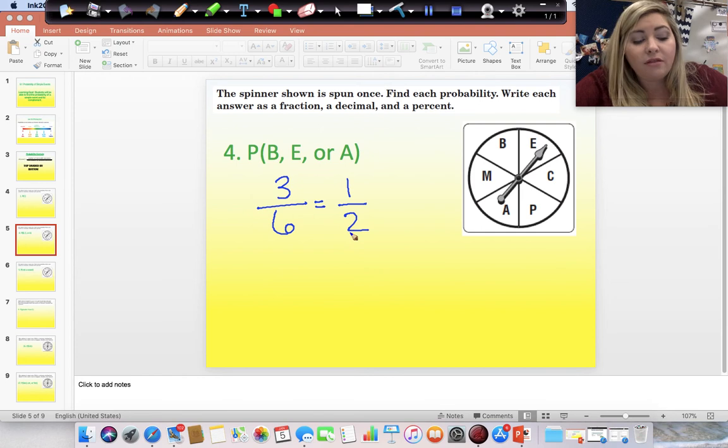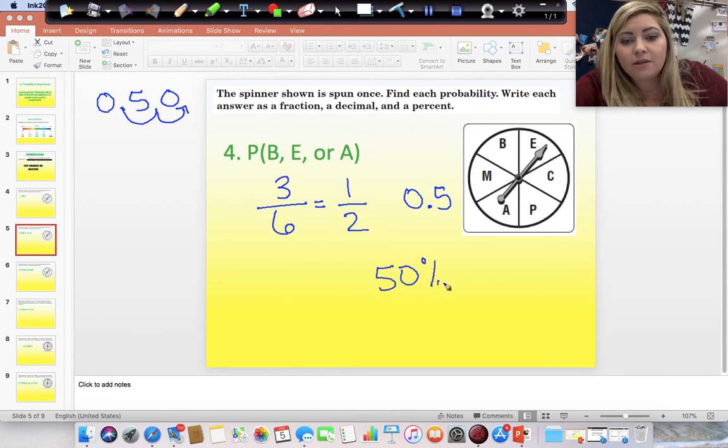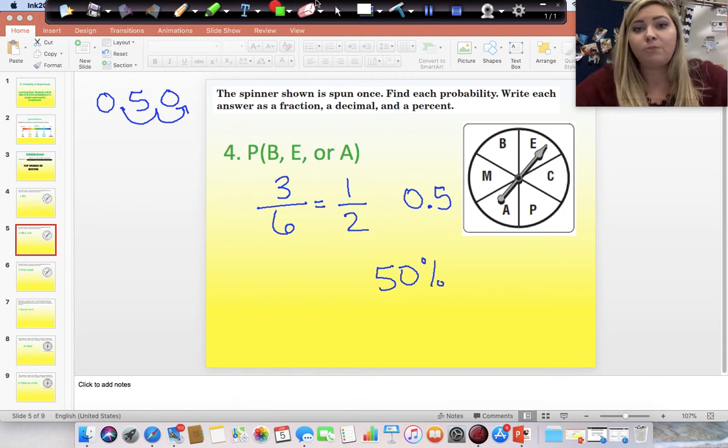Then I divide to get my decimal. 1 divided by 2 gives me 0.5. That's your decimal. And then we need to move the decimal place 2 places to the right to write that number as a percent. So it would be 50%. So 1/2, 0.5, 50%. Those are your 3 answers for this problem.